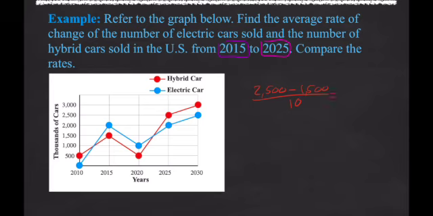Subtracting these, this will be a difference of 1,000 divided by 10, which gives us 100. So we have an average rate of change between 2015 and 2025 being 100 extra, 100,000 cars extra per year.